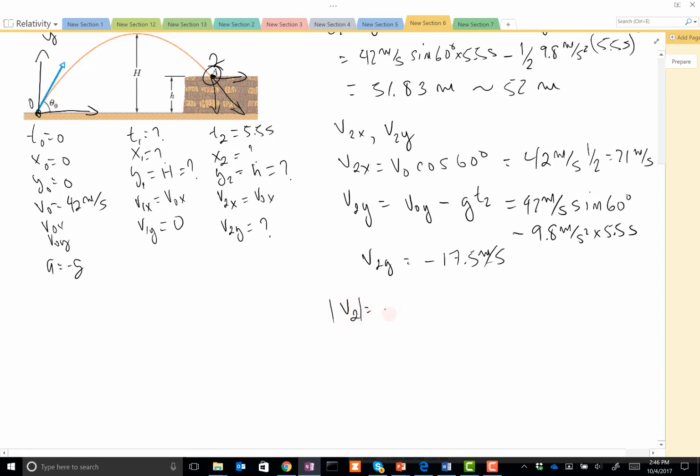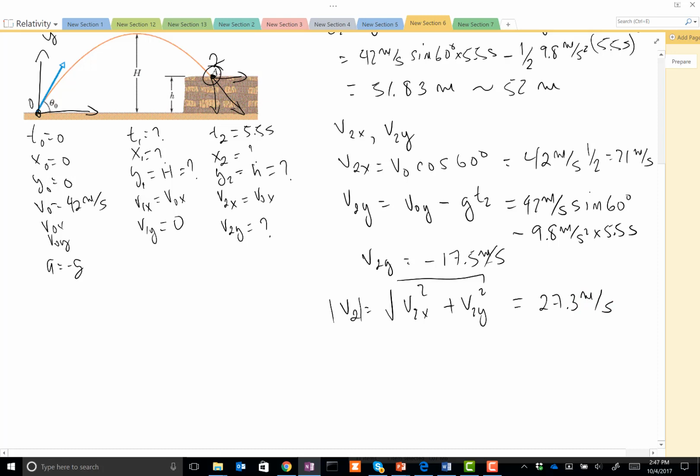The magnitude of the speed is the square root of v2x squared plus v2y squared. I can do that math, and that gives me 27.3 meters per second. So that is the magnitude of the velocity at 2.